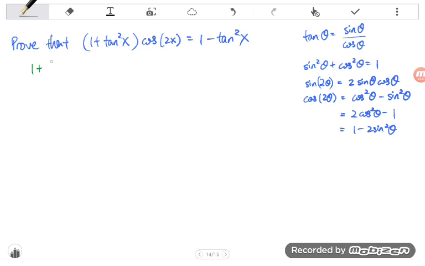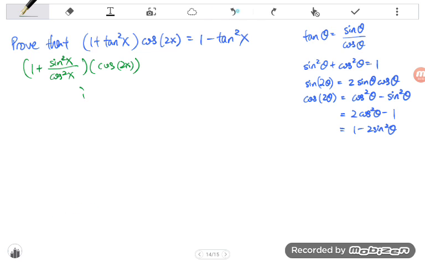So 1 plus, this would be sine squared x over cosine squared x, this whole thing multiplied by cosine 2x. Okay, and we're going to do a bunch of other stuff, and hopefully in the end I'm going to get 1 minus tangent squared x.